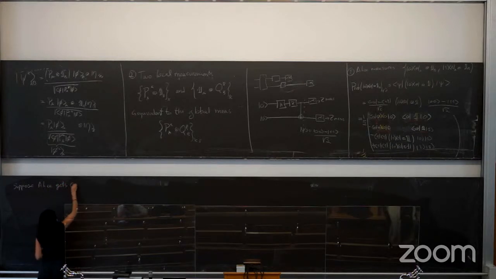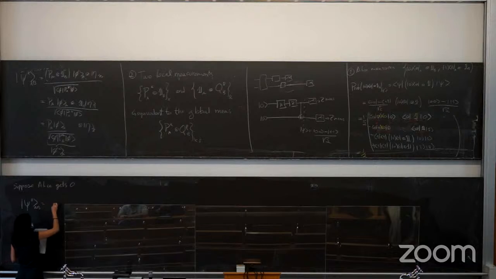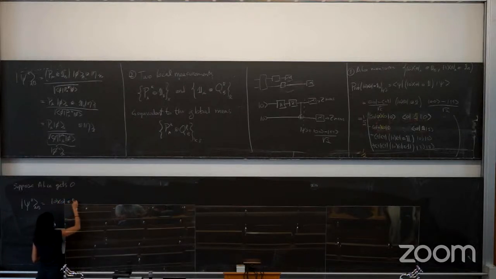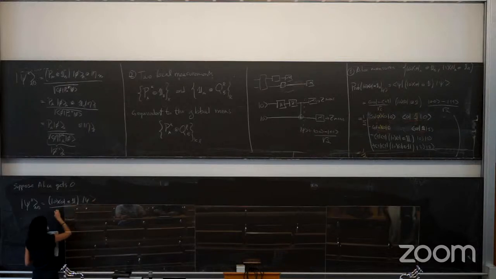What's the post-measurement state? So phi, when the outcome is 0, AB. So that's going to be the projector applied on the initial state over square root of the probability, but the probability was 1/2, right?